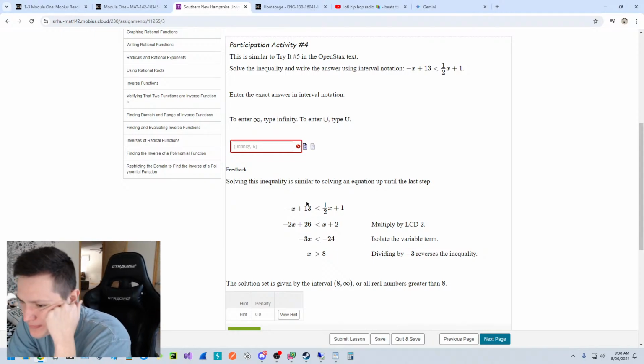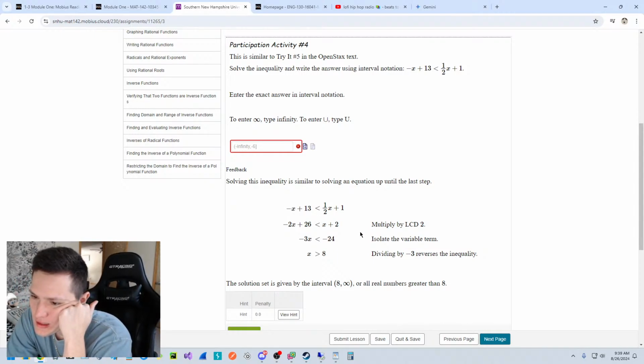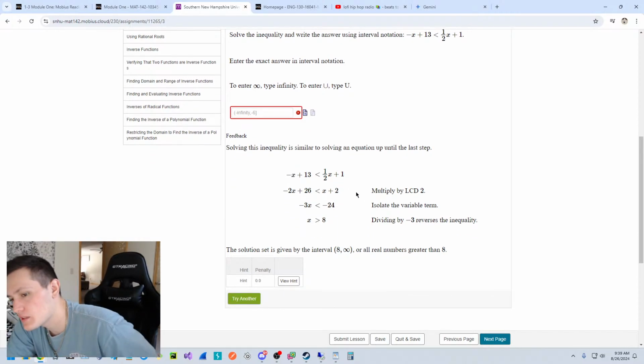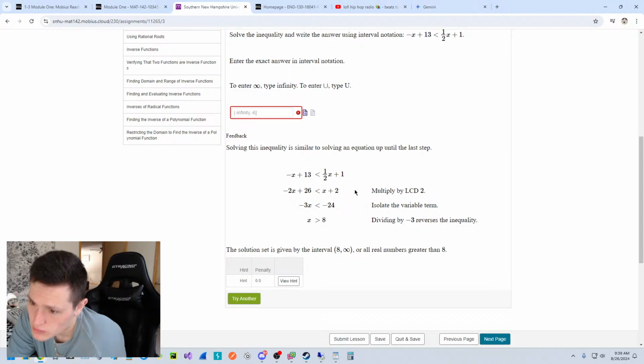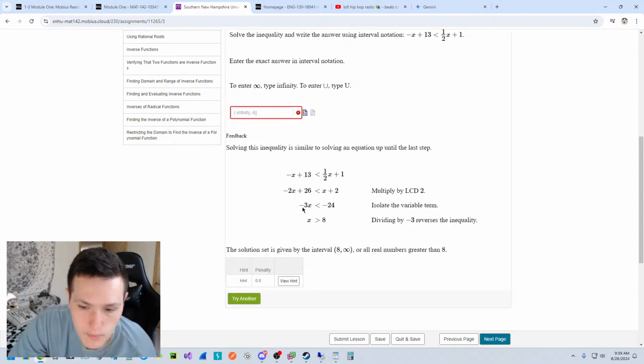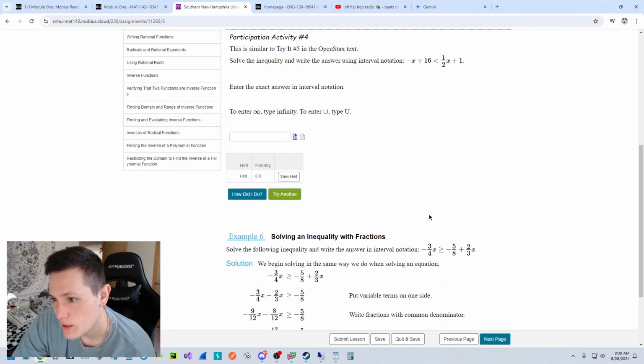I see now. I see, okay, that makes sense. 26 minus 2, these cancel. Those won't cancel, that would be 24, and that would be 33 because you're adding. And then 3 goes into 24, alright, it's 8, because 8 times 3 is 24. Yeah, that makes sense. Alright, give me another one, bro.